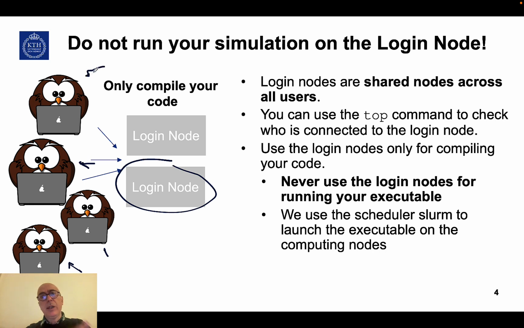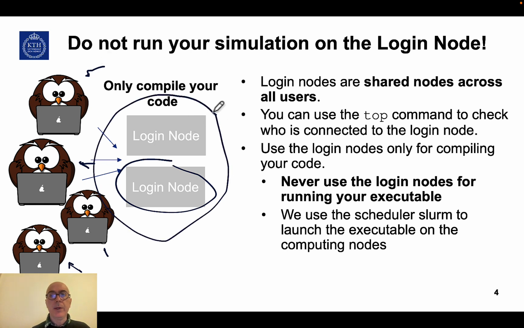They all do SSH, connect to the supercomputer, and will all be together on the login nodes. This means that these nodes are shared across multiple people. For instance, after you did the SSH, you can just use the top command, and you will see a list of the people that are actually on the login node.